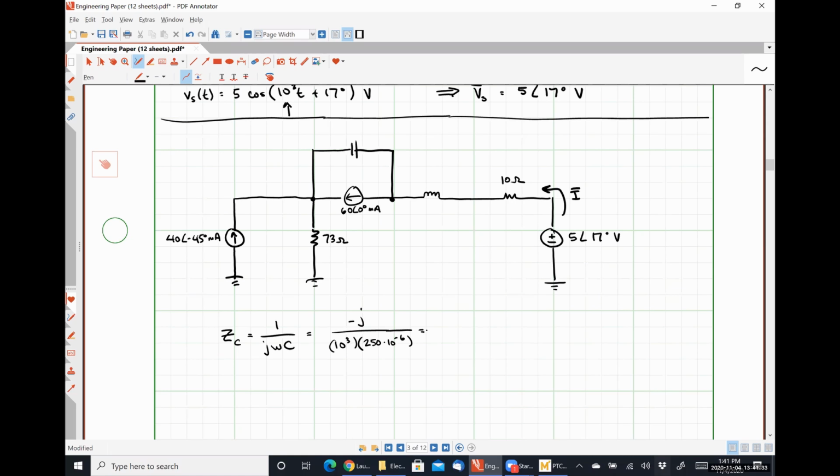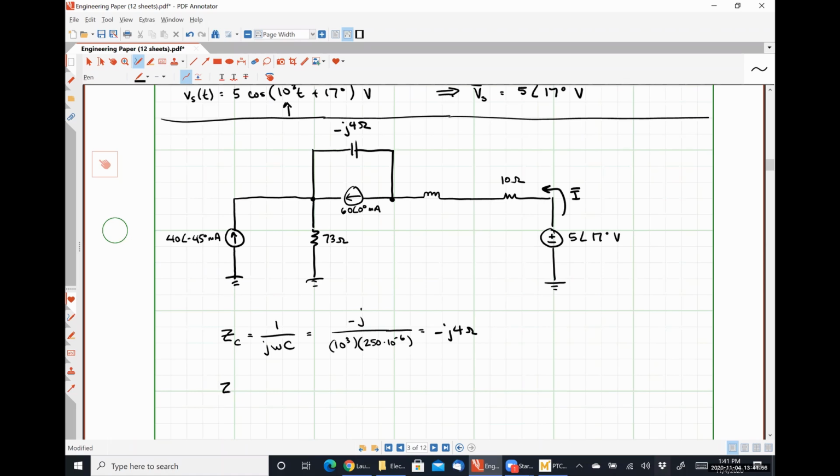I think it's going to be J40, but I'm not 100% sure on that. So let's see. 1 over 1 times 10 to the positive 3 times 250 times 10 to the minus 6. Dang, J4. So minus J4. So we're going to have minus J4 up here.